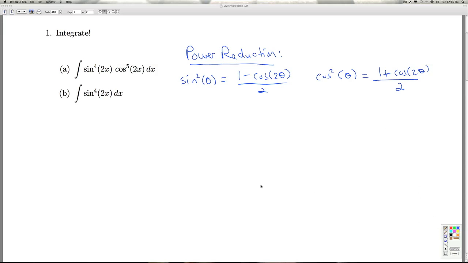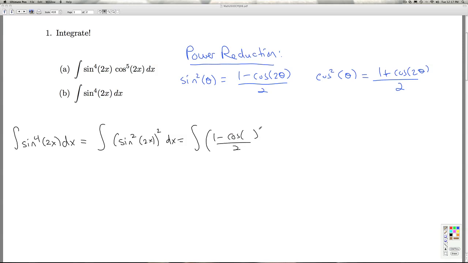And so starting off with the integral at hand, this is the integral sine to the 4th 2x dx. I can write that as sine squared 2x squared dx, and I can reduce the power using the power reduction formula. 1 minus cosine of twice the angle over 2. Now, the argument of the sine function I have now is 2x.